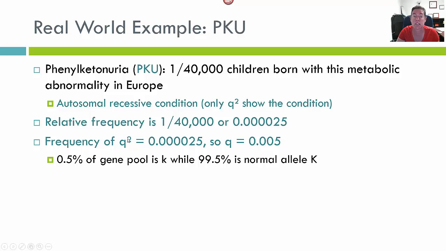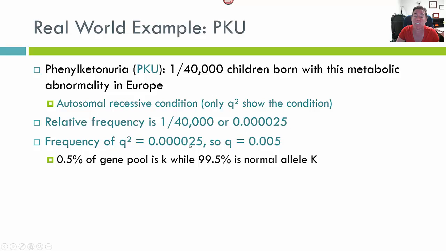0.000025. So the frequency of Q squared equals 0.000025. I'm sorry, this is Q squared. So this is the frequency of Q squared.